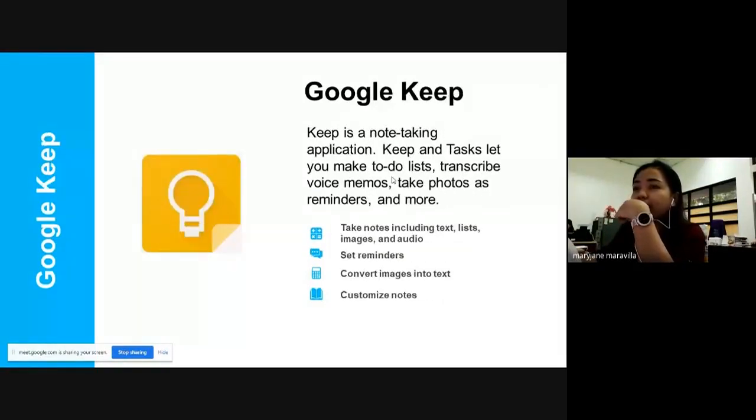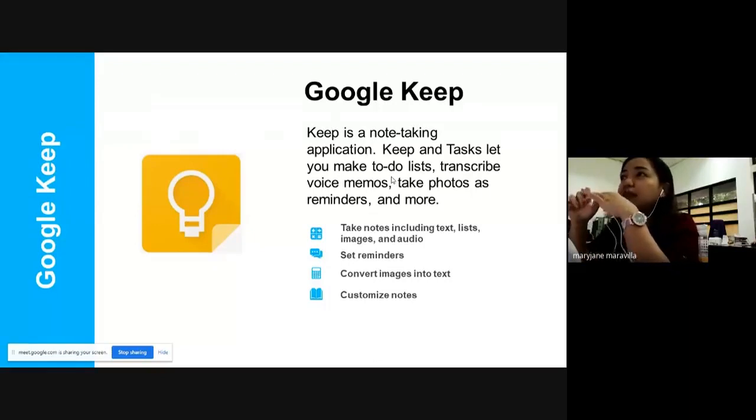Next, we have the Google Keep. So basically, Google Keep is a note-taking application. You can have your to-do list, all your reminders, all your notes, and you can also set reminders and attach files. When we say files, it is not just limited with the documents, but also it can attach audio, video, as mentioned, it include text, list, images, and audio.